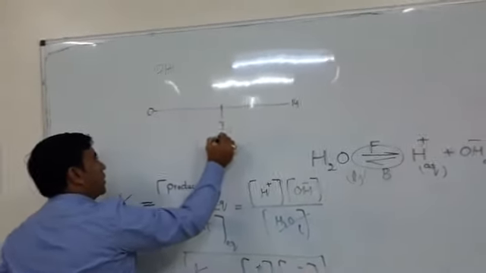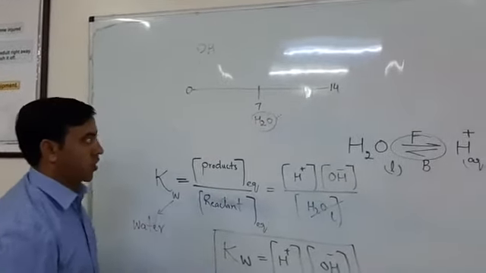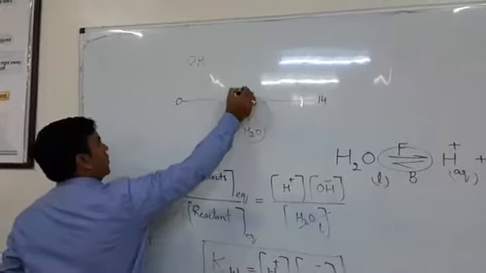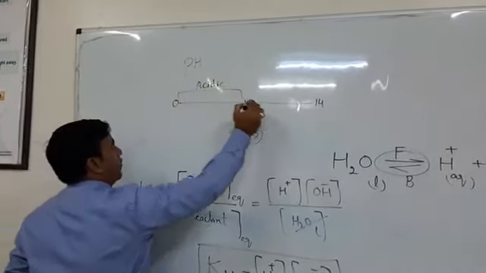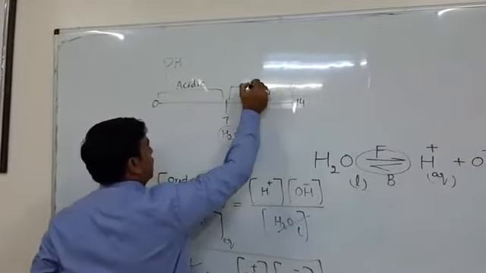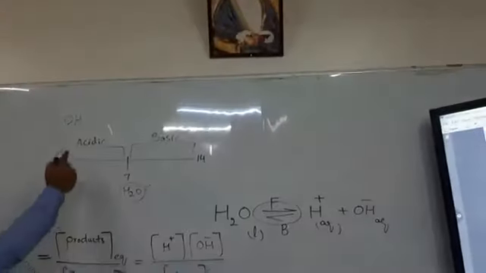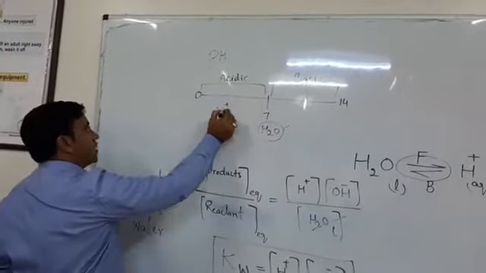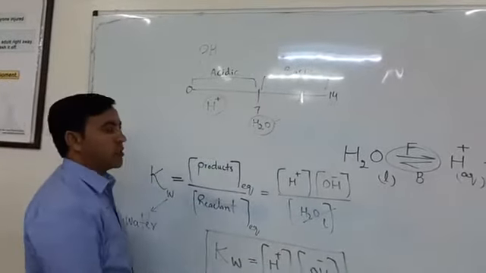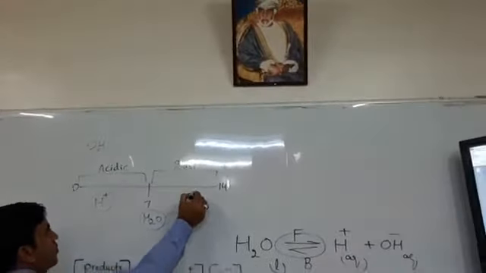The pH of water is 7, which means neutral. Below 7 we call acidic, and from 7 to 14 we call basic. Acidic means those substances donate or produce H plus according to the Lowry and Bronsted theory, and those substances that produce OH minus we call a base.